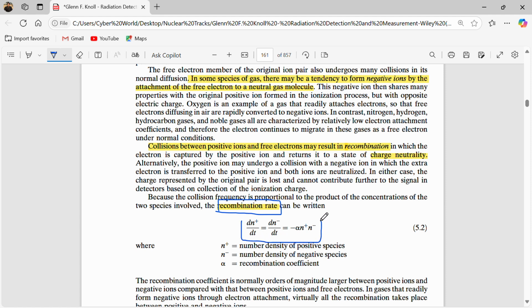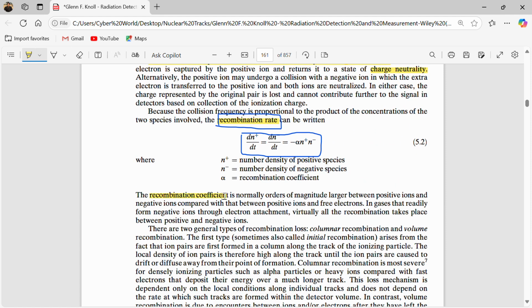And what is alpha? This alpha is the recombination coefficient. The recombination coefficient is normally orders of magnitude larger between positive ions and negative ions compared with that between positive ions and free electrons.